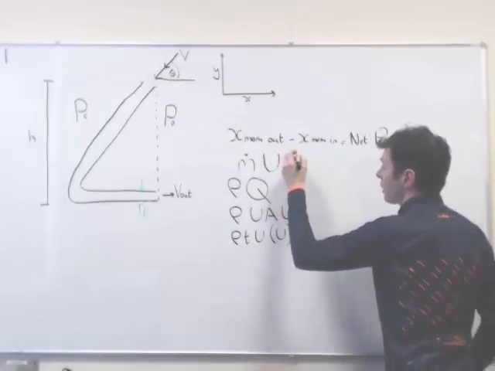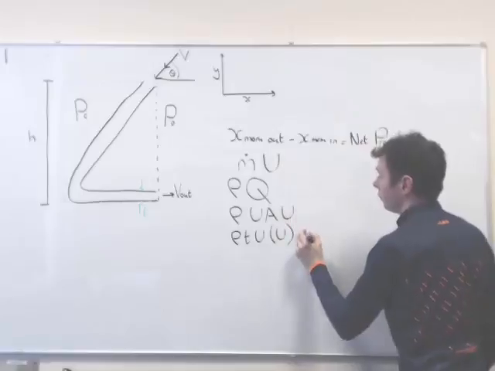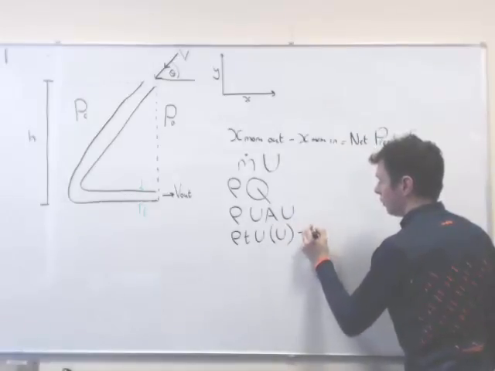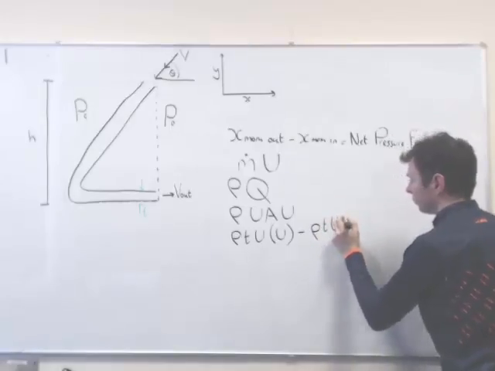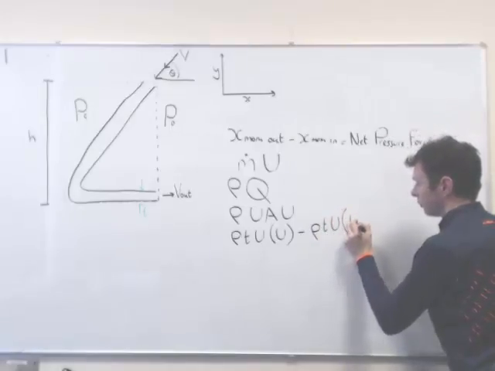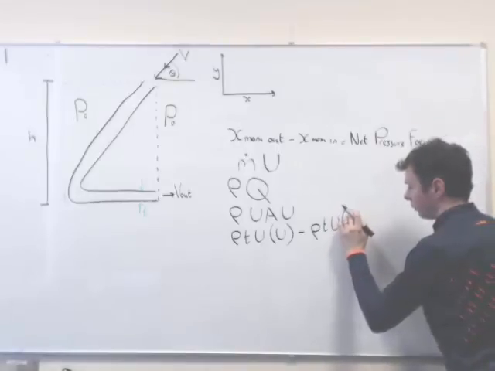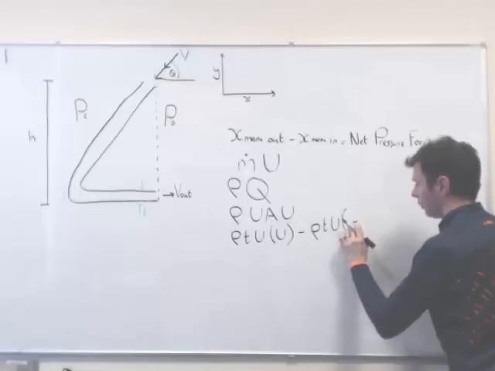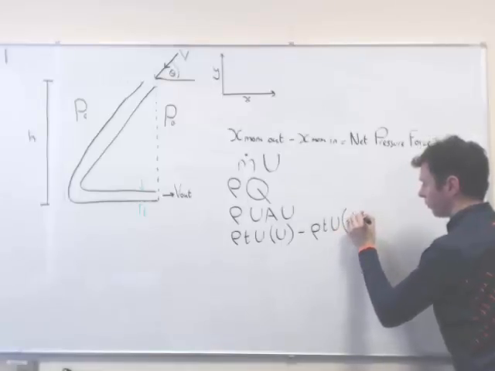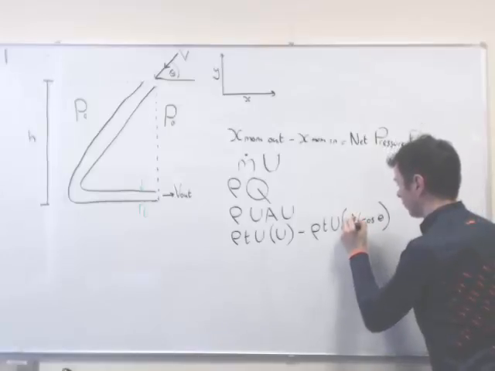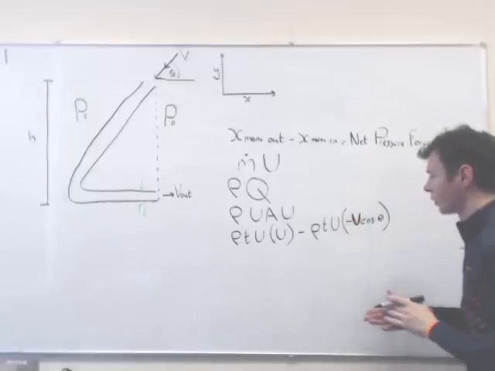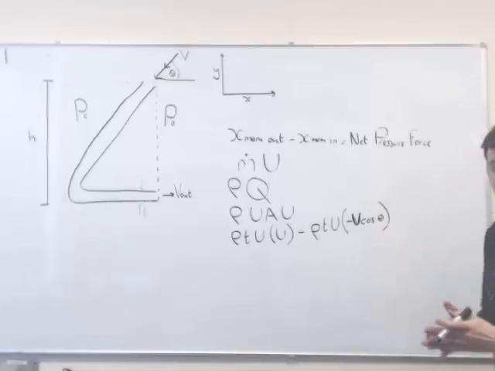So in terms of x momentum, we have rho t u times (u minus u cos theta).